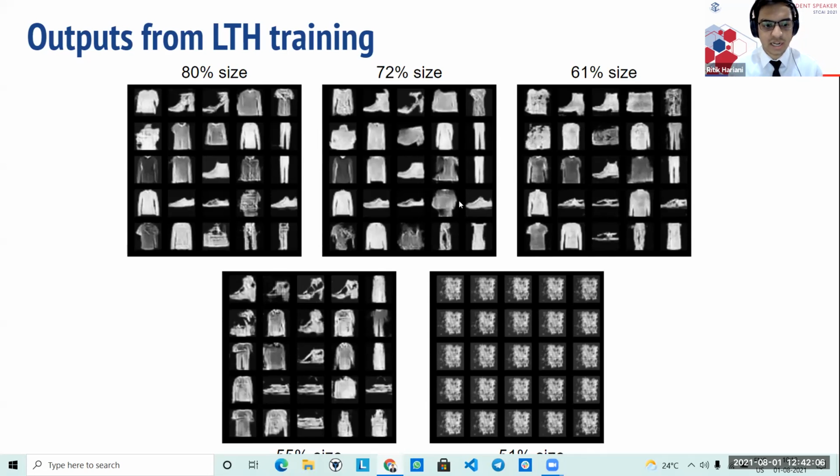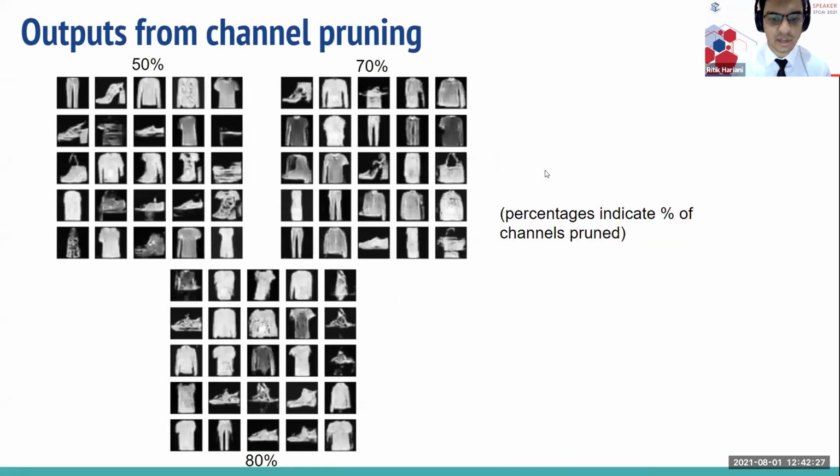And we notice that at a cap of 61% to 55%, the image quality starts to decrease gradually. So this indicates that LTH doesn't provide that great of a method to generate images. Hence, we go for a method of channel pruning and early bird ticket training.